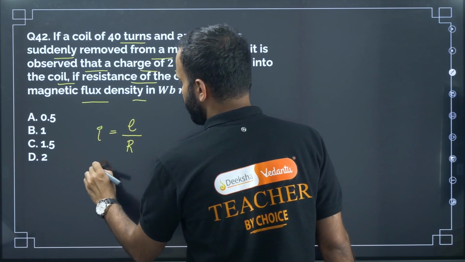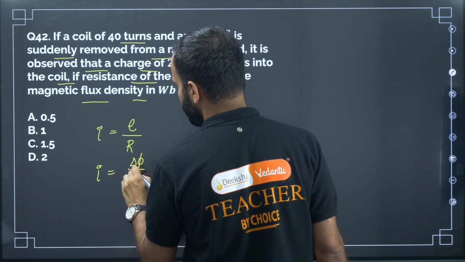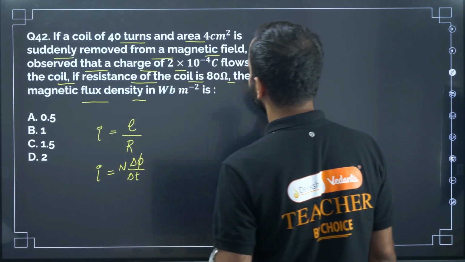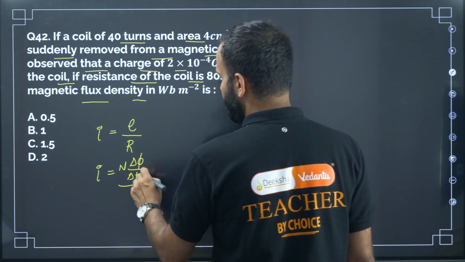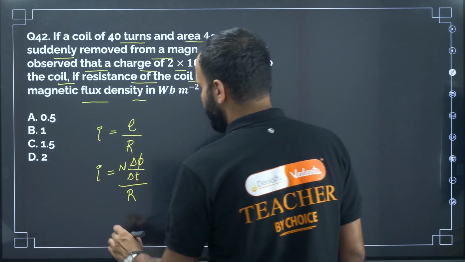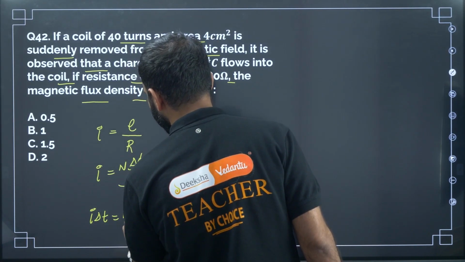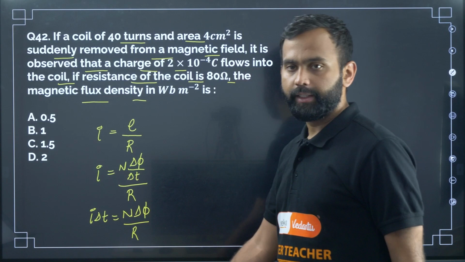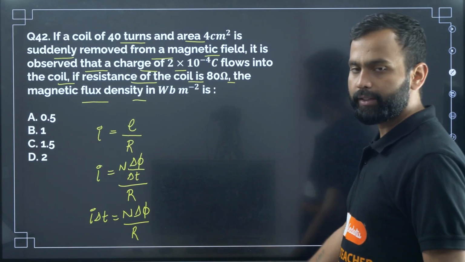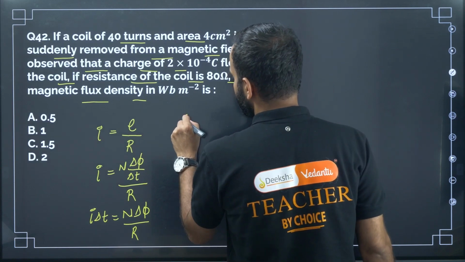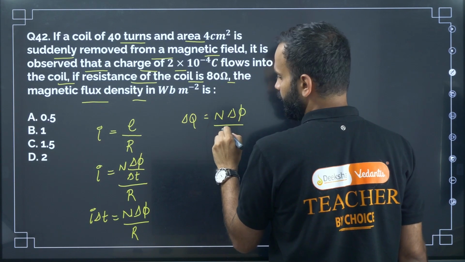So induced current I is equal to the induced EMF, which is N into change in magnetic flux over change in time, divided by resistance R. So I into delta T is equal to N into delta phi divided by R. What is I into delta T? That is current into change in time, which is equal to the charge, right?